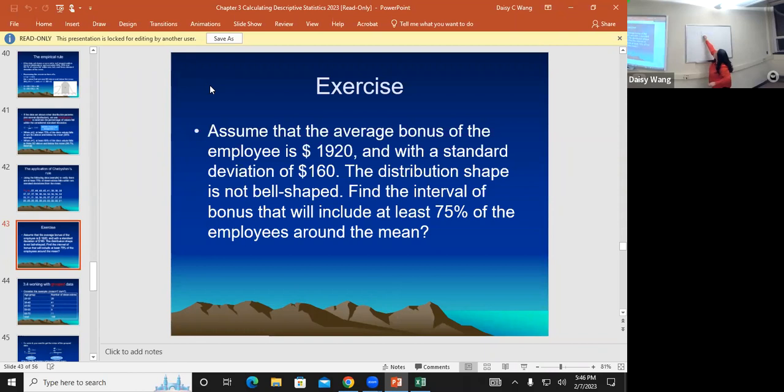So this is Z. To get 75%, this is 2. So Z equals 2. That means plus minus 2 standard deviations.